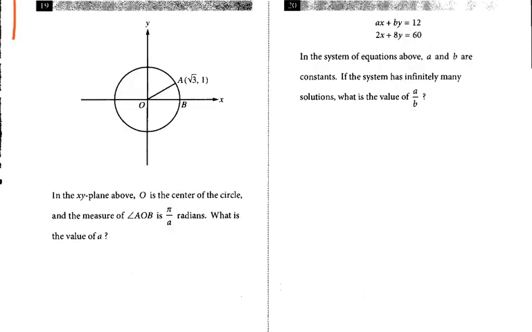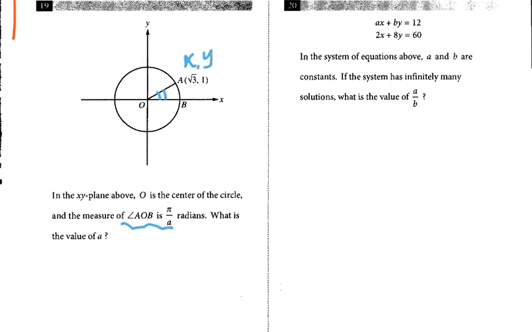For number 19, it's about trigonometry. We are looking for the value of A, and the angle for AOB is pi over A. From the given information, we can figure out the angle for AOB by using SOHCAHTOA or the properties of the circle. Here I label this x, here's y.